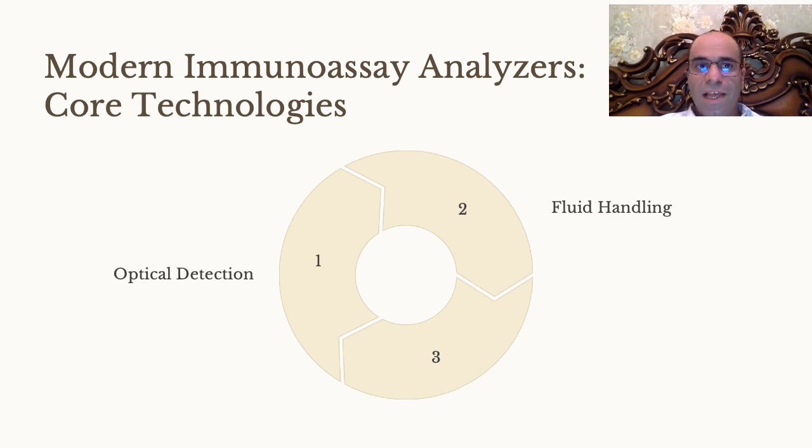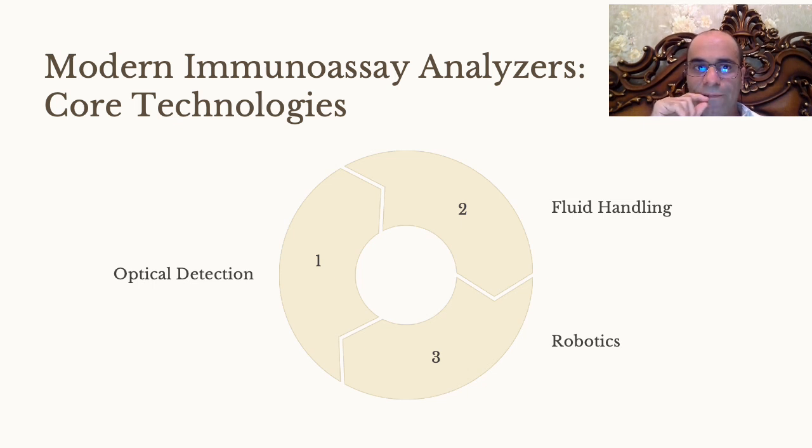And the third and last one is robotics. Robotics integrates mechanical components with sophisticated motion control systems to automate sample loading, plate handling, and incubation steps. Modern systems feature multi-axis movement with position accuracy within micrometers.